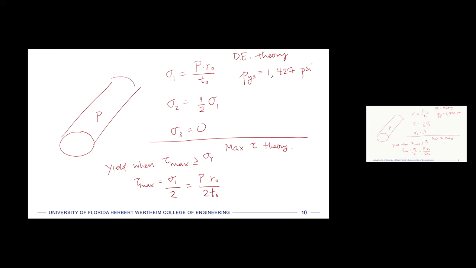So we can solve for pressure here. When the pressure exceeds yield stress times 2 T naught divided by R naught. Let me just look at my calculations here.